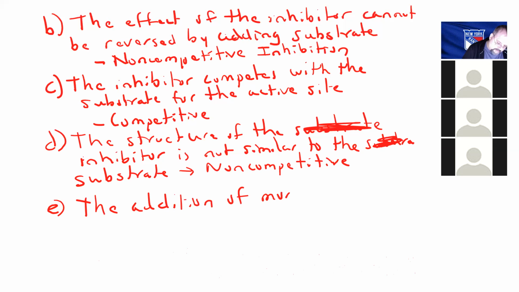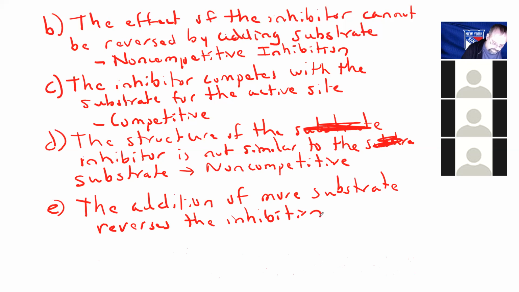the addition of more substrate reverses the inhibition. Now, when we talked about non-competitive inhibition, we said that if the inhibitor is bound to the enzyme, the shape of the enzyme is going to become distorted.